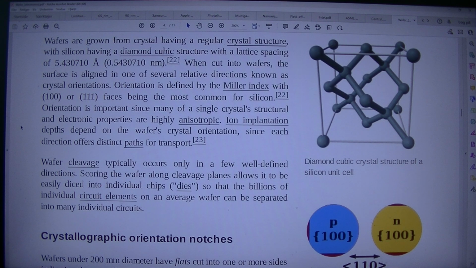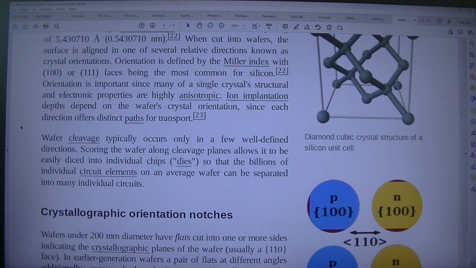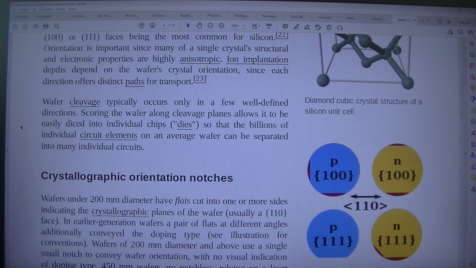Crystallographic orientation notches. Wafers under 200 mm diameter have flats cut into one or more sides indicating the crystallographic planes of the wafer, usually a 110 face. In earlier generation wafers, a pair of flats at different angles additionally conveyed the doping type.